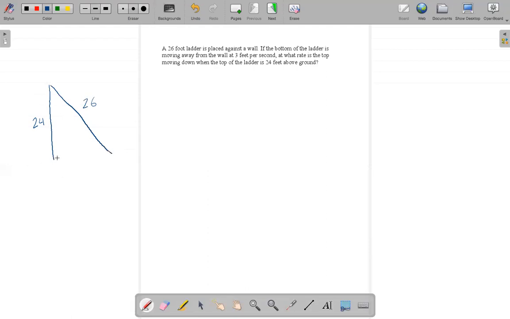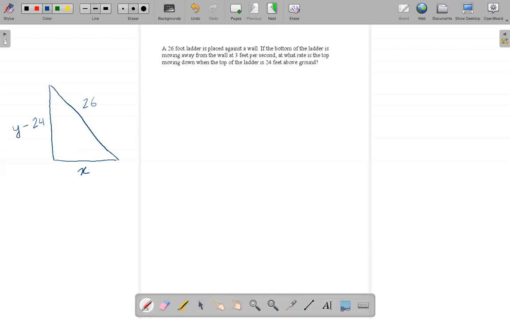So now the thing is, what about the length of the floor? Let's just assume this as x. Well, we know this already, but let's name this.